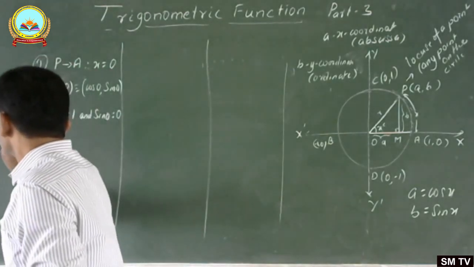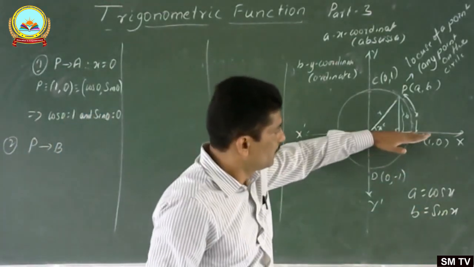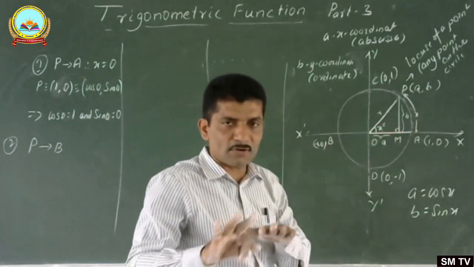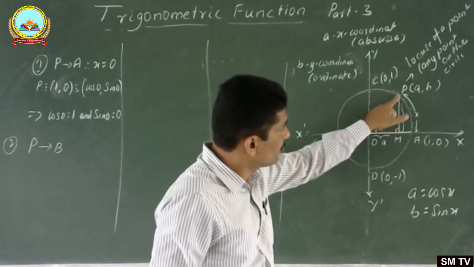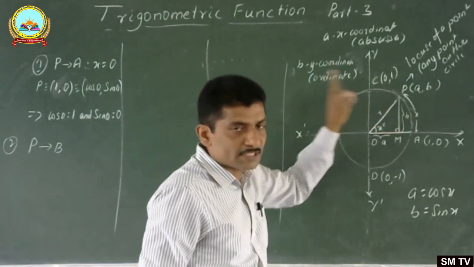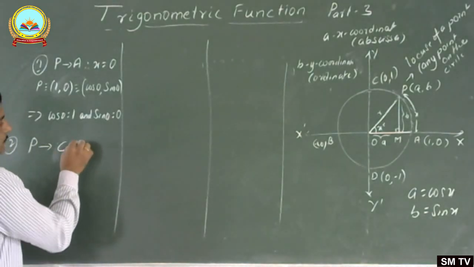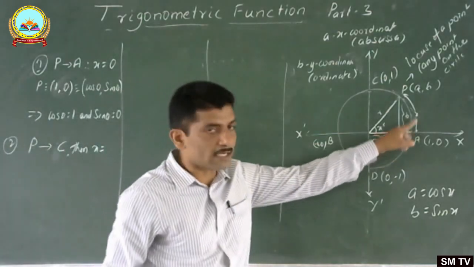Suppose the second one, here P coincides with C. P is the rotating line, which rotates in either anti-clockwise or clockwise directions. Assume that it is rotating anti-clockwise. P coincides with C. Then the value of x is equal to the arc length.